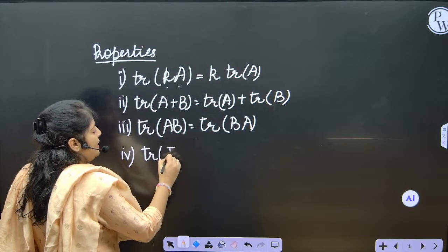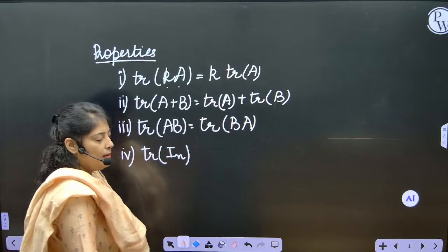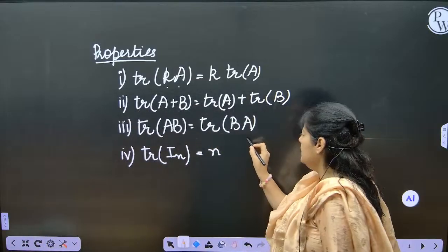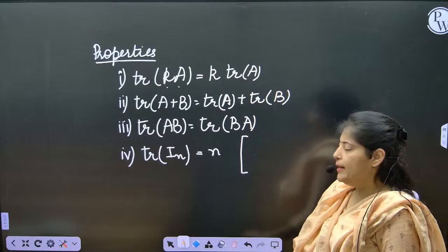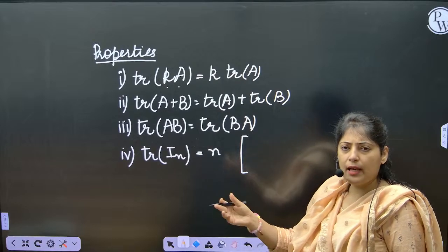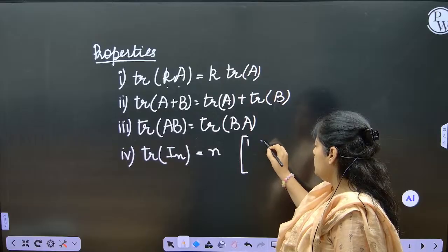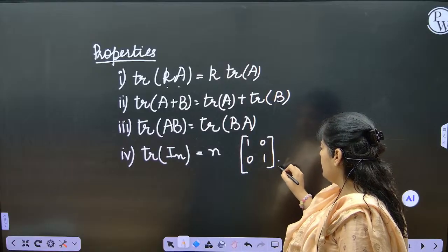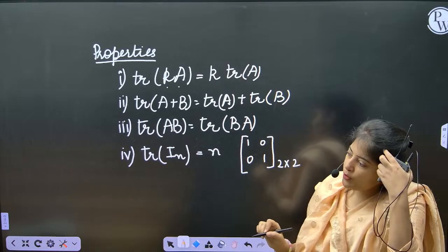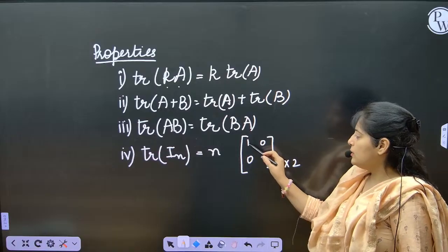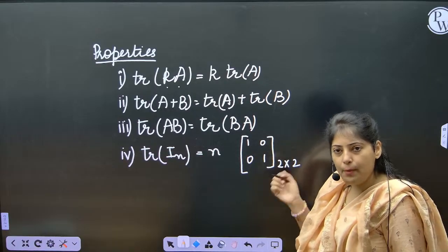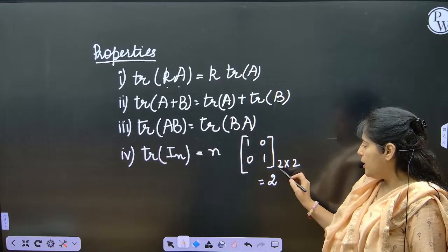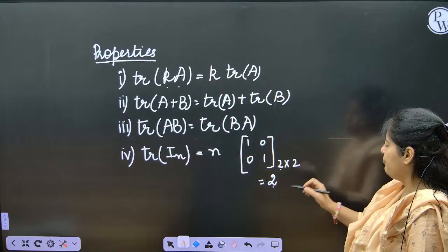Trace of any identity matrix of order n will always be n. The reason is very simple. Suppose I'm taking a 2 cross 2 matrix first. Trace is nothing but the sum of the diagonal elements. 1 plus 1 is nothing but 2. Order was also 2, trace is also 2.